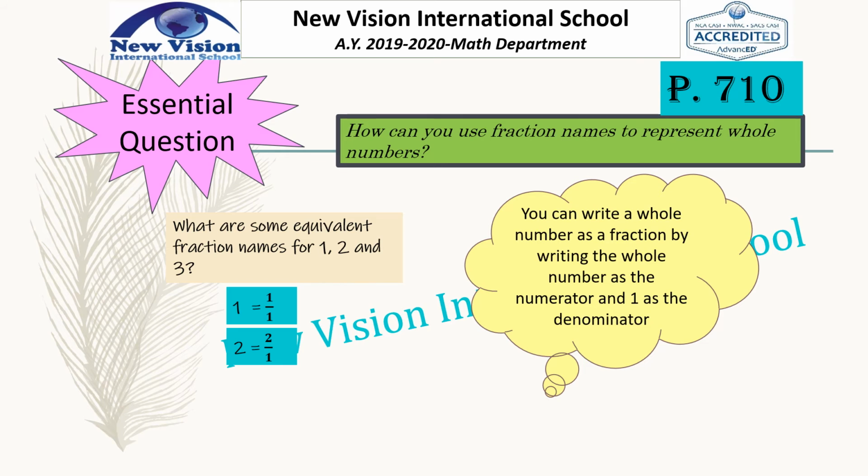And 3 wholes, each divided into 1 equal part, can be written as 3 over 1. There are many fraction names for whole numbers. What is another fraction name for 1? You can find other equivalent fraction names for whole numbers.